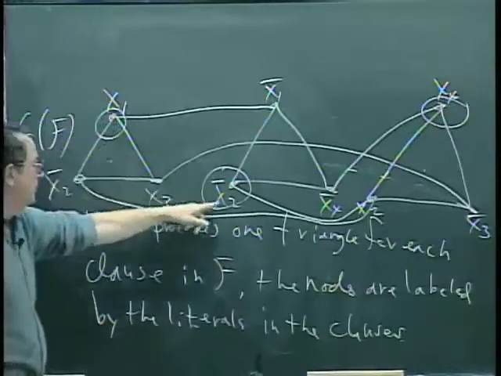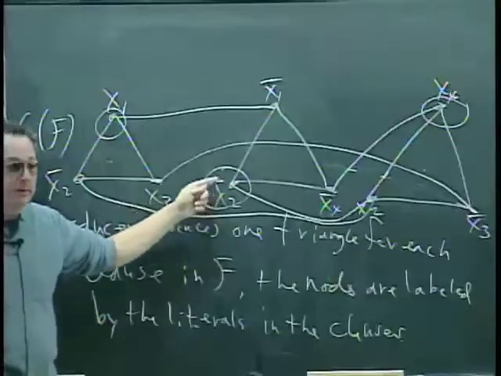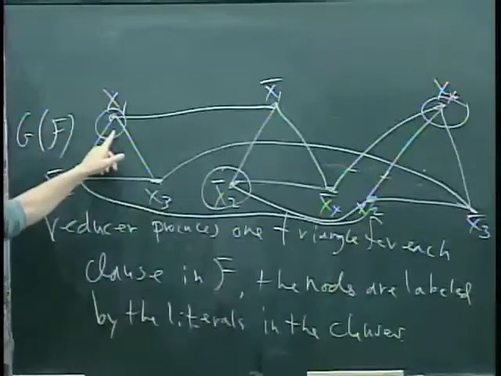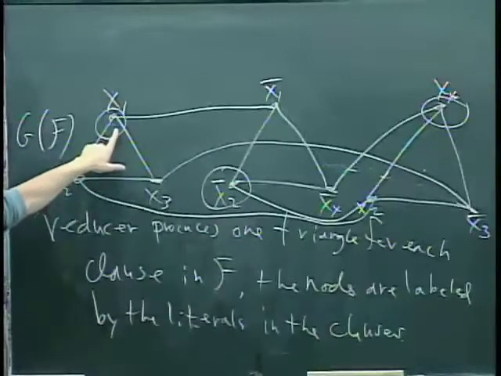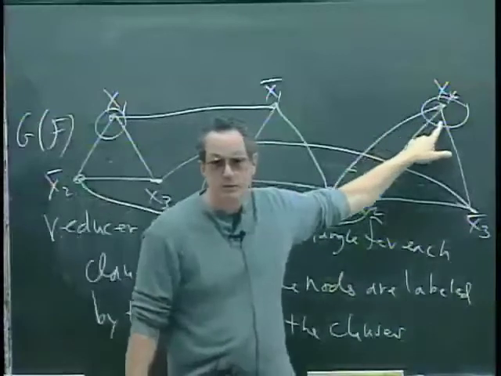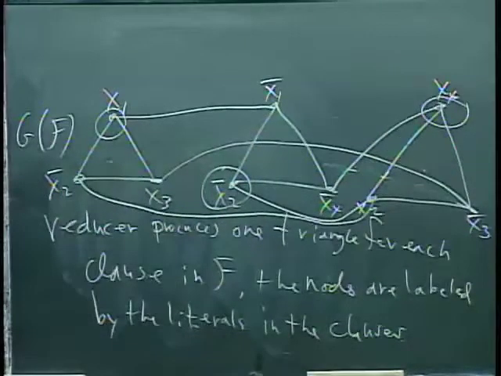The associated variable is set true or false depending on whether the variable is negated or not. So I should set x1 true, x2 false, and x4 true. That selection is an independent set, and it's also a way of choosing truth and false values for the variables that makes the formula true.